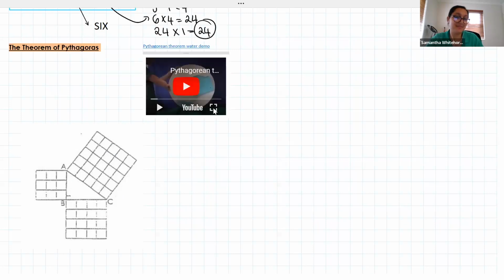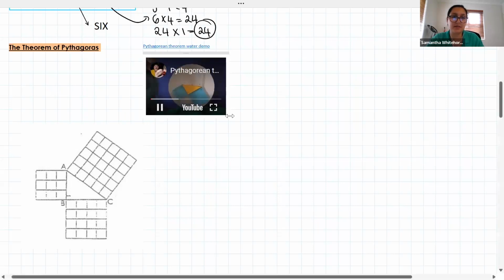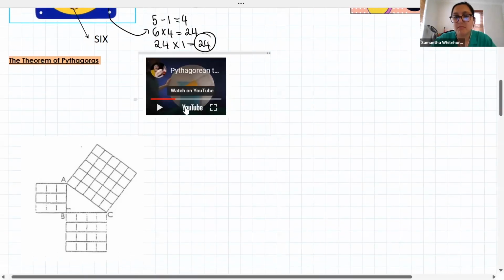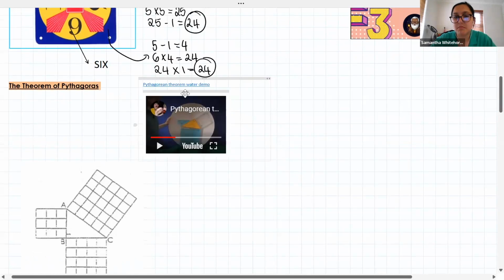Hello. Okay, so fine. Don't know if you can see, but basically in the video, what's happening is water is pouring out. Is it possible to go up a little bit so we can see? We don't see. No, it's not. There we go.